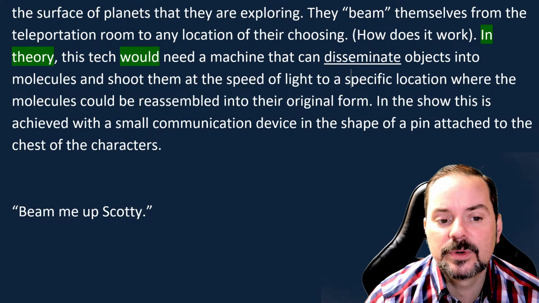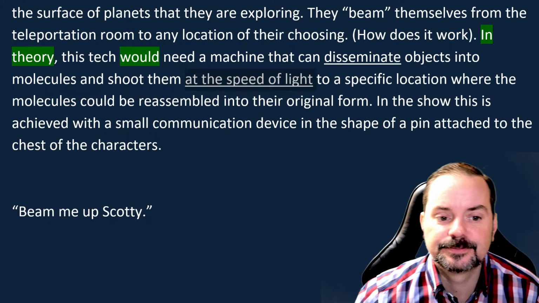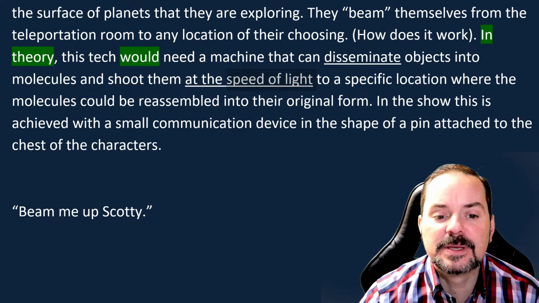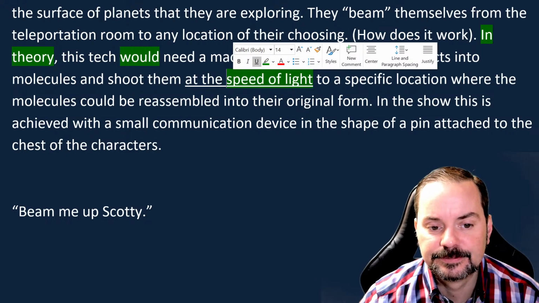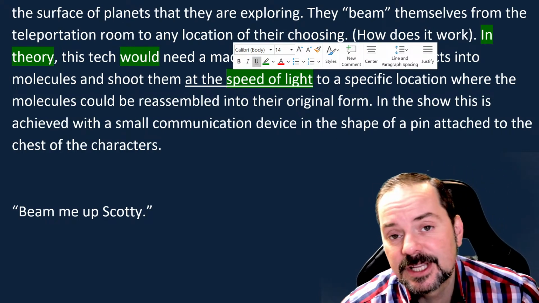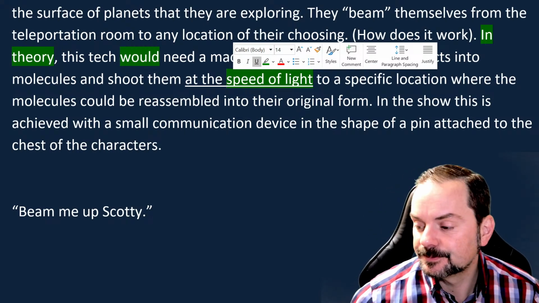Now, there's another way to say this. Shoot them at the speed of light. What's another way to say that, students? How can I say speed of light in another way? In a more simple, well, we can almost say a better... I don't know if it's better, but it's maybe better.